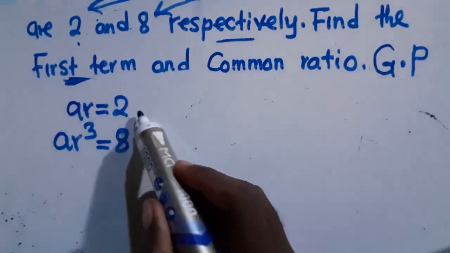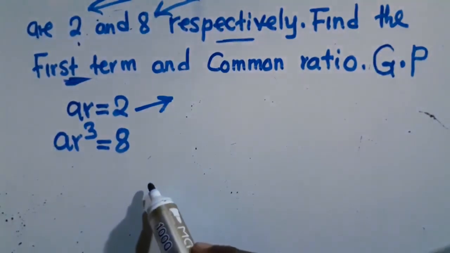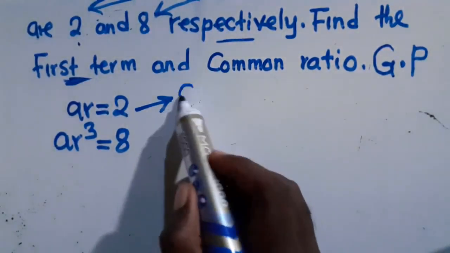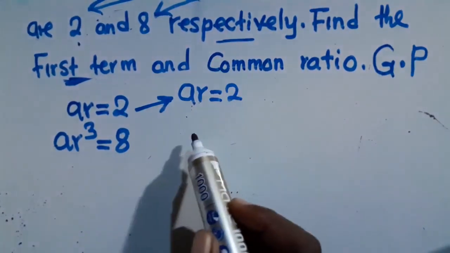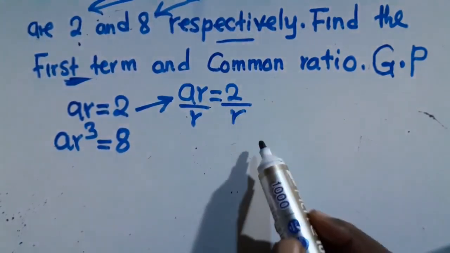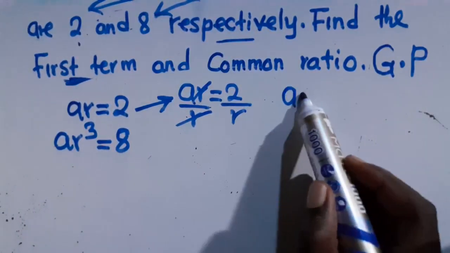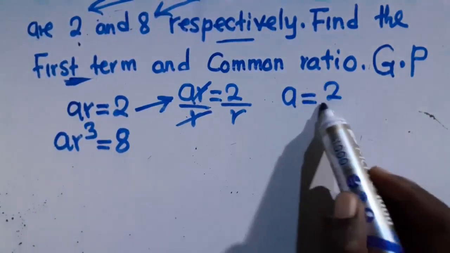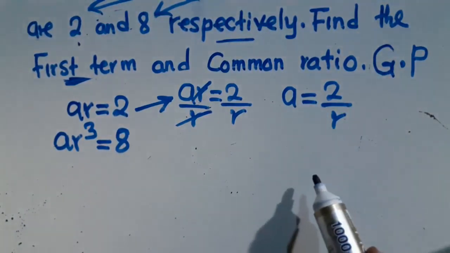I get this equation, A R is equal to 2, and make A the subject of the formula. I divide by R on both sides, this R and that R cancel, and I have A equal to 2 over R. So I've made A the subject of the formula.